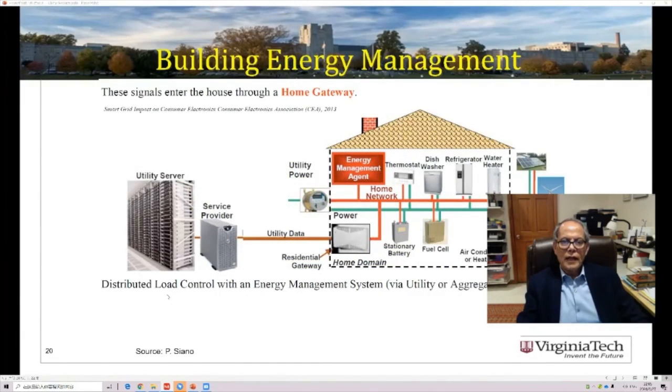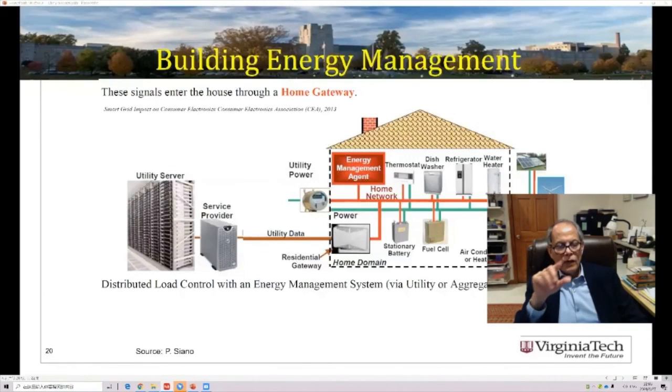This shows an example of what I just talked about, real world example. Okay, you see on the left-hand side, I have a service provider, data, then residential gateway. This is important. The gateway is where all the data is stored. So then you have two lines. One is the red line, which is the network communication, and the green line is a power line connecting the battery, fuel cell at the bottom, air conditioner, water heater, refrigerator, dishwasher, and thermostats for the air conditioning control.